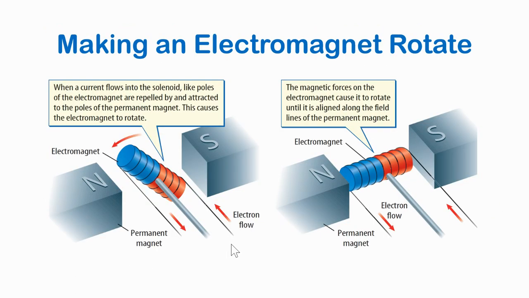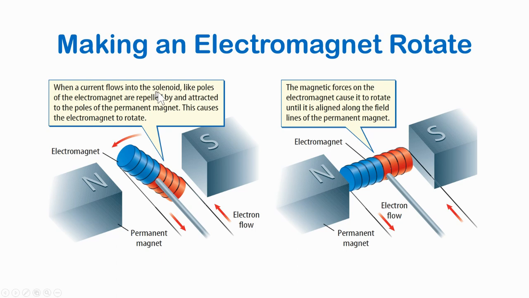Now, if you have an electromagnet and you are putting it near a permanent magnet, what's going to happen? Let's say the blue is the South Pole and the red is the North Pole.